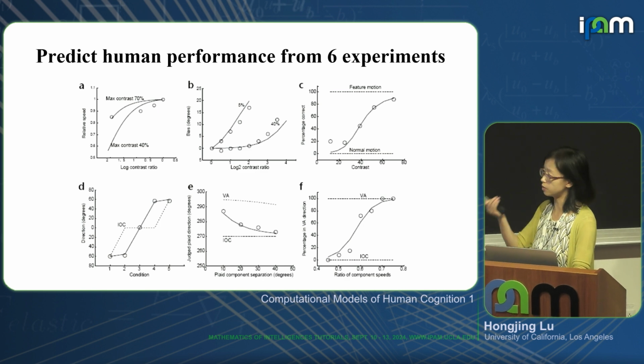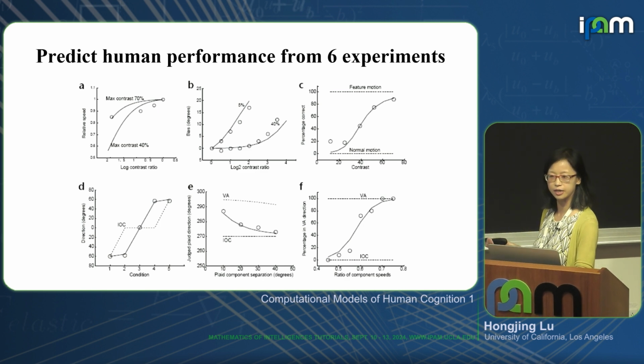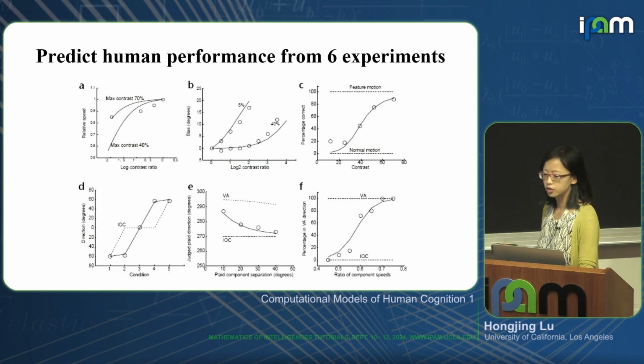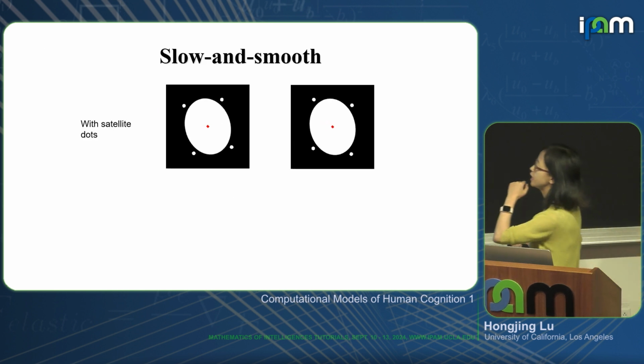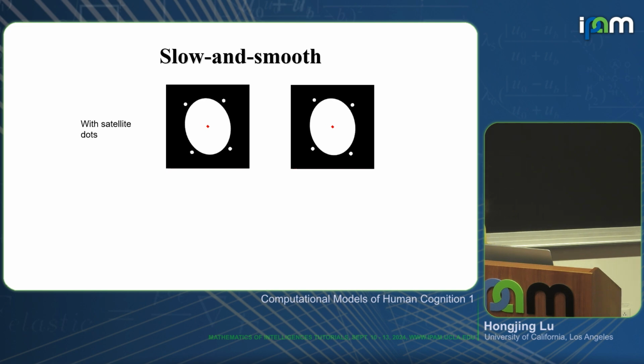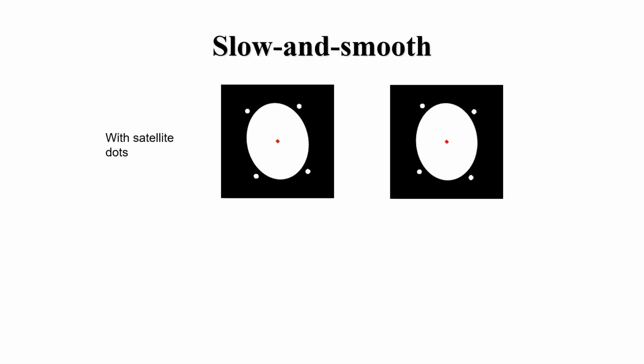For example, one aspect you can expand is the prior knowledge. Here I'll show you a quick illustration, which I think is fun. Look at the movement and you have different perceptions of the movement of this ellipse. On the left, it feels like the ellipse is doing a rigid movement back and forth. But on the right, you feel like this ellipse is deforming and also moving slower.